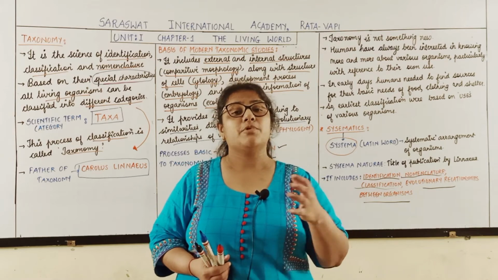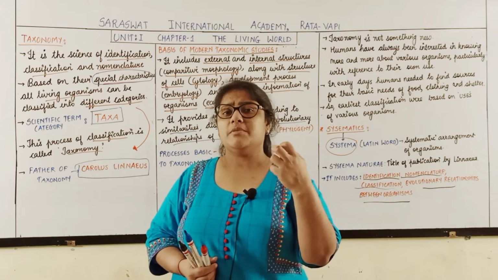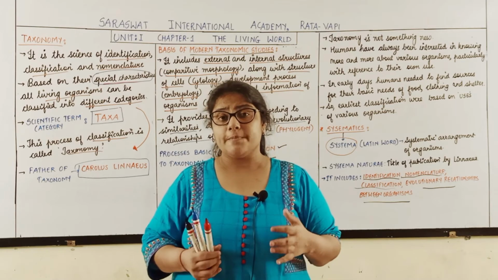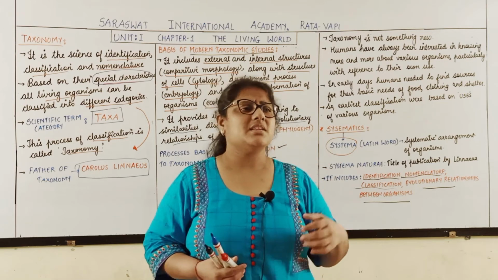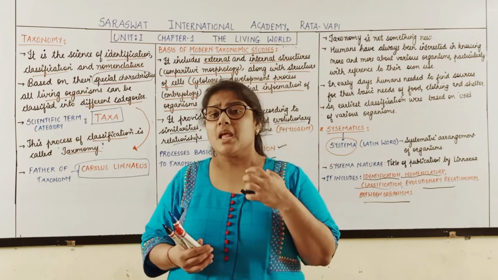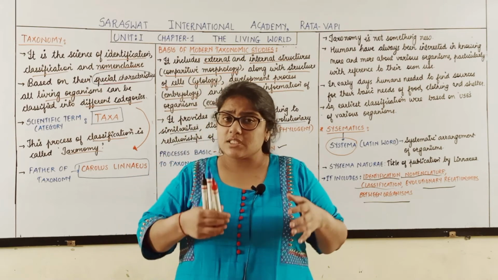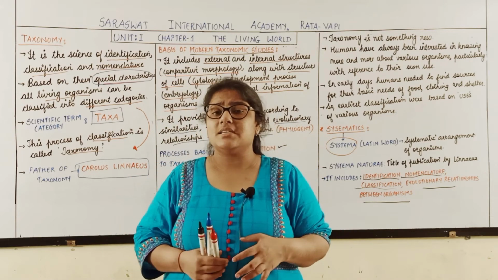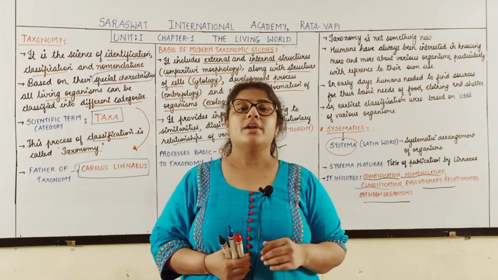It may be a saprophytic organism, a parasitic organism, or a decomposer, etc. As well as where the organism lives, whether it is a terrestrial organism or an aquatic organism. All these things are considered as what? Ecological information of an organism.